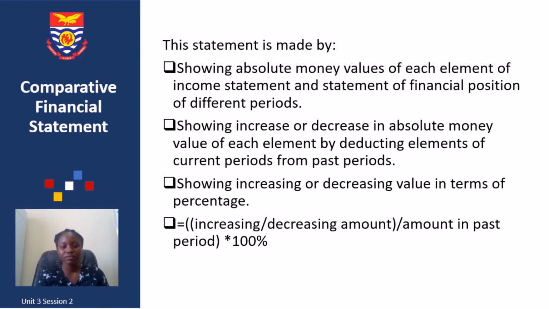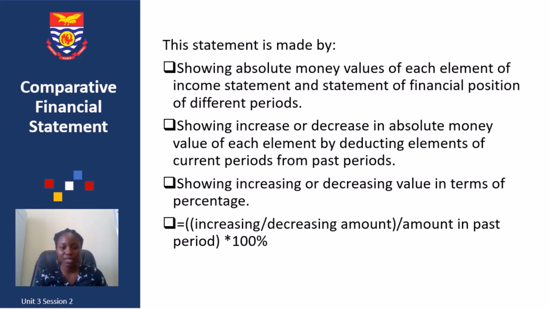The percentage is calculated by the increasing or decreasing amount divided by the amount in the past period, times 100. So let's take 2015 and 2016. You find the difference between 2015 and 2016. You subtract the 2015 figure from the 2016 figure.